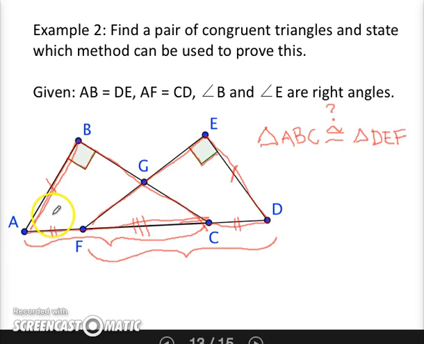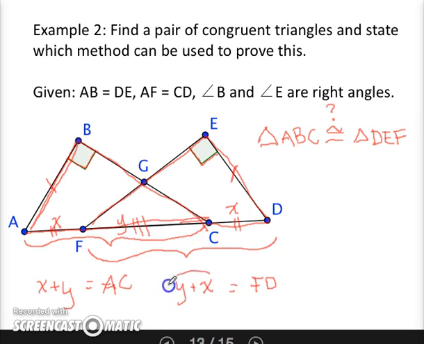Let's just make sure by naming these with variables. Let's call this X, and let's call this Y. So is it true that X plus Y, which equals AC, must equal FD, which would be Y plus X?